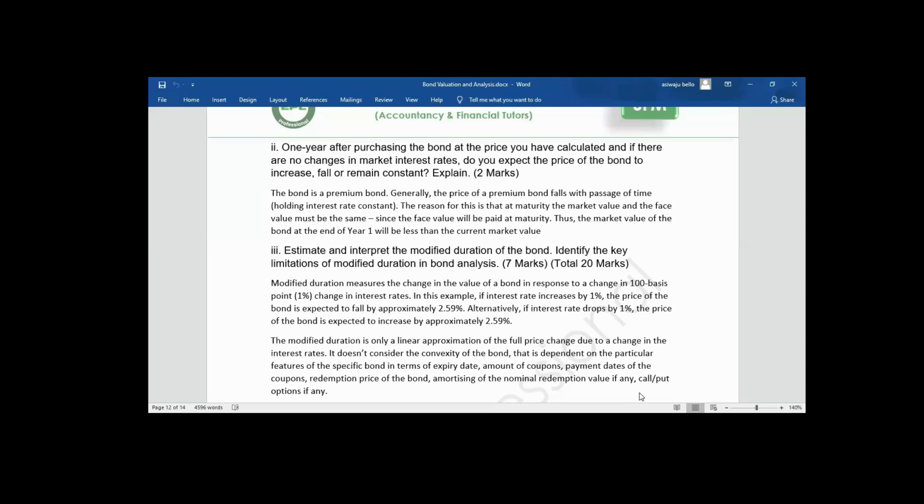This computation you have made means that if interest rates should rise by 1%, the value of the bond will fall by 2.59%.